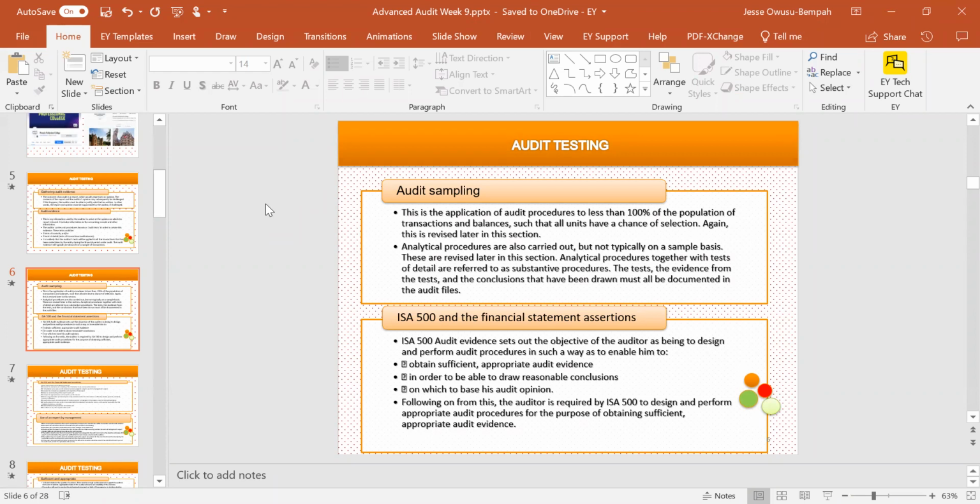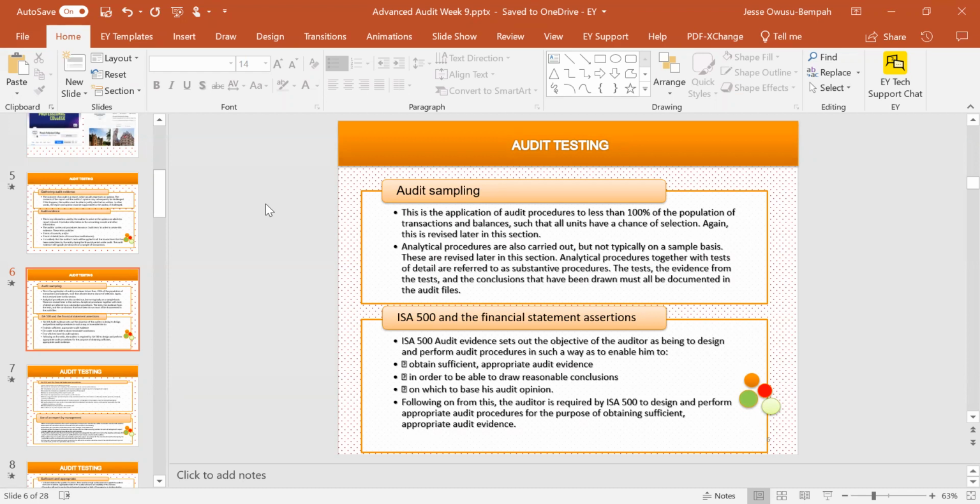What I need you to be aware of is that all units or all items in the population have a chance of selection. It's very, very important.